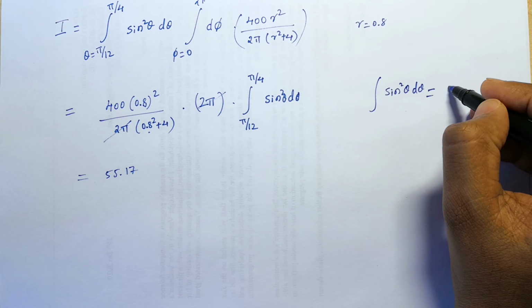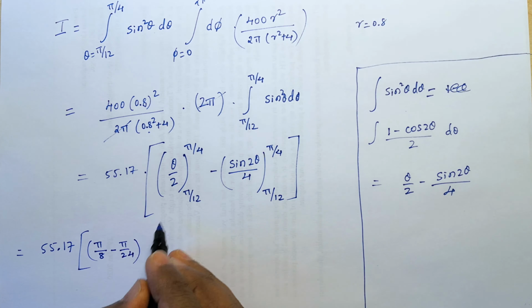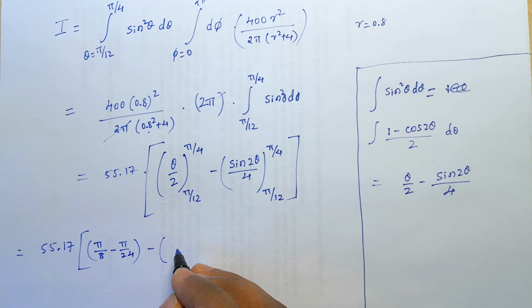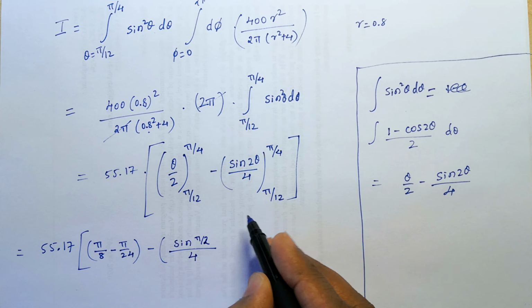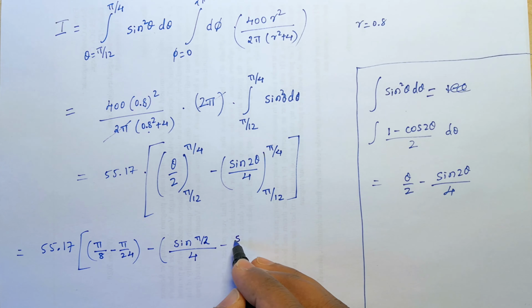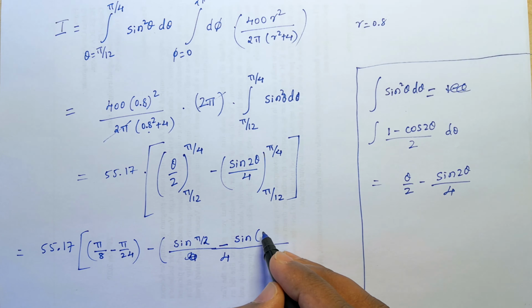What we have here is again pi by 8 minus pi by 24, and minus of sine pi by 2 by 4 minus sine, so let's just put it together, this is just 4 minus, it's pi by 6.